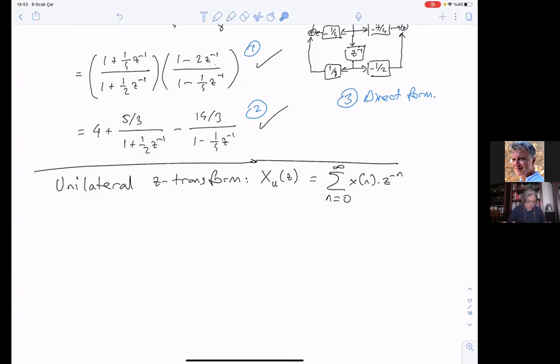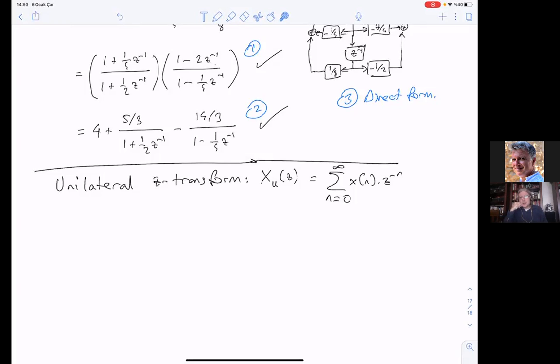Without the knowledge of initial conditions, you cannot really invert the unilateral transform. And depending on the order, the number of initial conditions must increase. By the way, the region of convergence for the unilateral Z transform is not ambiguous. It cannot be inside a circle. It's always outside a circle, because all the signals that we are handling are intrinsically right-hand sided.